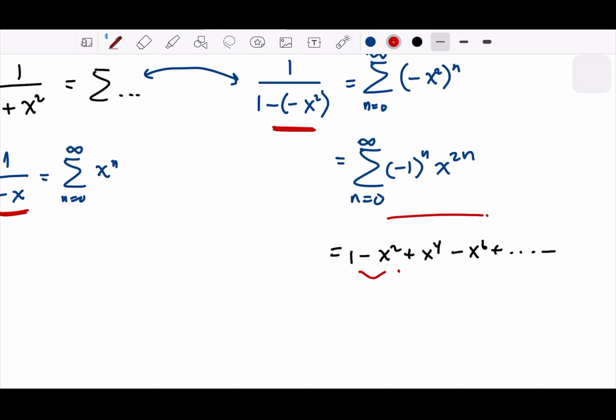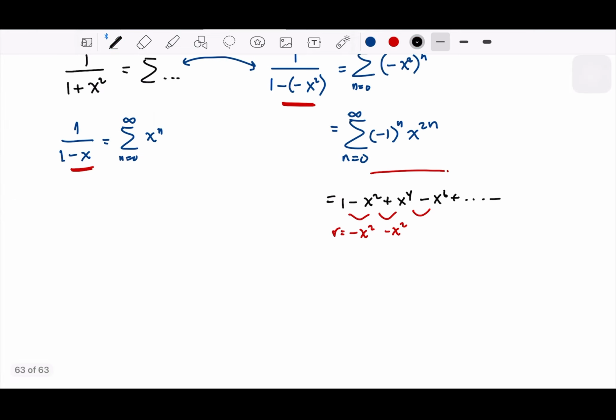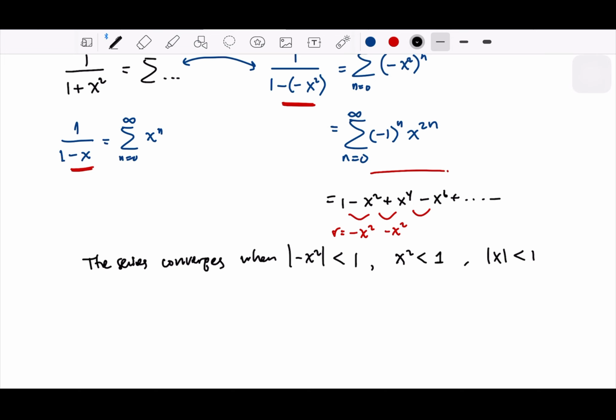And because this is a geometric series with r equal to negative x squared, we will have convergence. So the series converges when the absolute value of negative x squared is less than 1, that is, x squared should be less than 1, or the absolute value of x is less than 1.